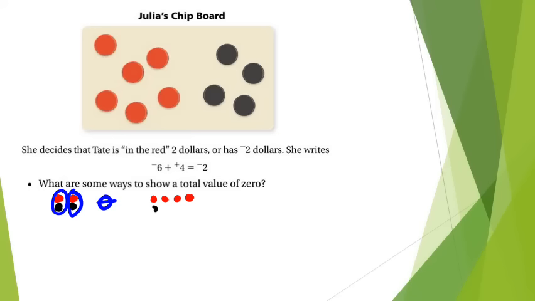I would need 4 positives to cancel out all of those chips for a total value of 0. Again, the board itself still has those chips on it, it's just that their overall value is 0. So you might be noticing that if I have the same number of positives and negatives, I have a value of 0.